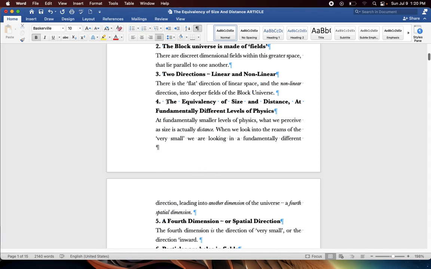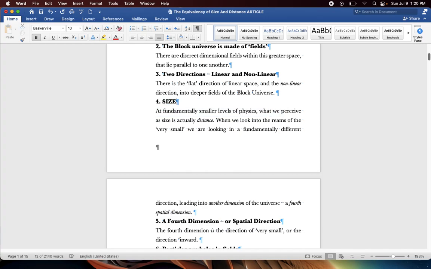So we're going to just put that here real quick. Size equals distance, and I can't spell. Size equals distance at fundamentally smaller levels of physics.